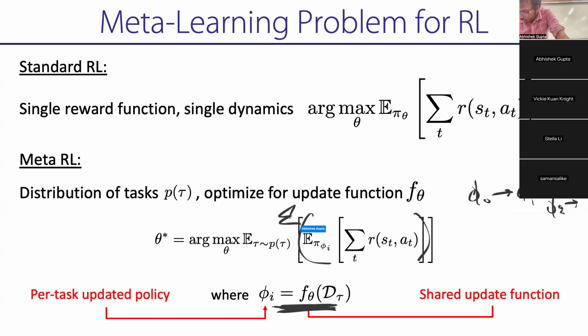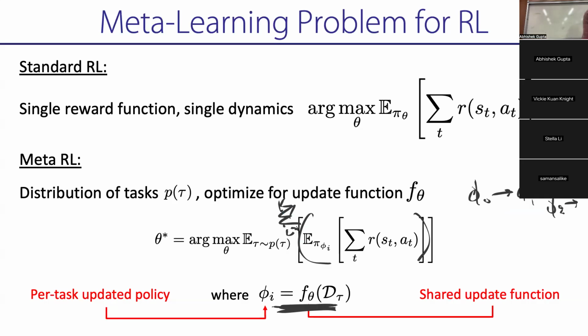You're going to have your inner loop summing over, let's say, i from 1 to k. What this objective is going to try and do is maximize the expected sum of rewards across multiple iterates of phi, and that is going to be maximized when phi gets to the optimal policy as soon as possible.